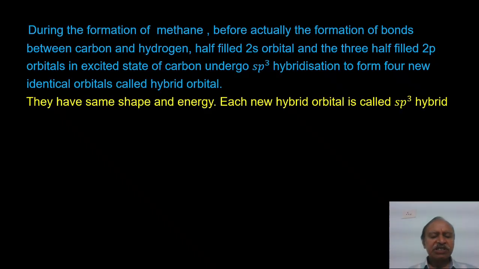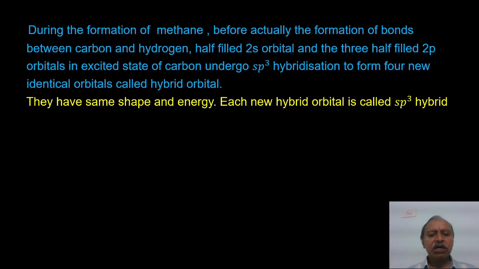The process of mixing of atomic orbitals of comparable energy to form an equal number of identical orbitals is known as hybridization. So these atomic orbitals undergo hybridization, that means they mix with each other.